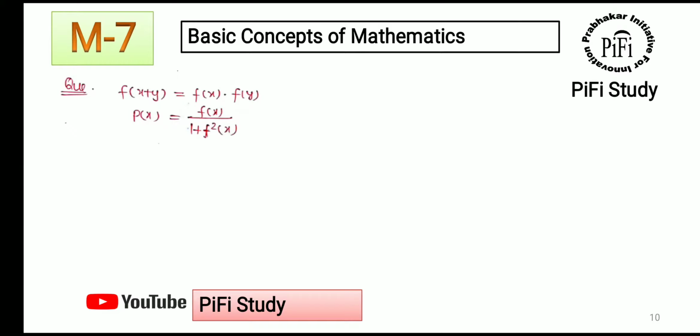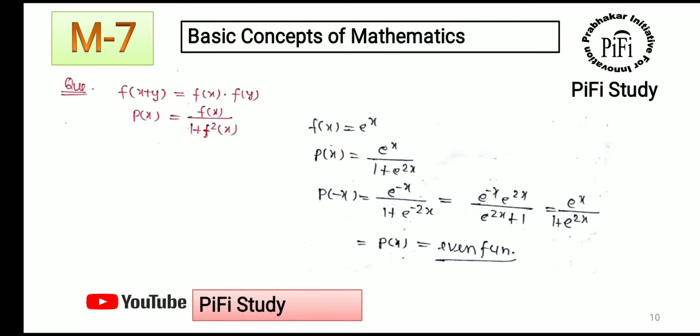For this we will use f(x) is equal to e to the power x, and then p(x) is equal to e to the power x upon 1 plus e to the power 2x. Then put -x, and you will get e to the power -x upon 1 plus e to the power -2x. Then arrange it in some way, and you will get p(-x) is equal to p(x). So it is an even function.